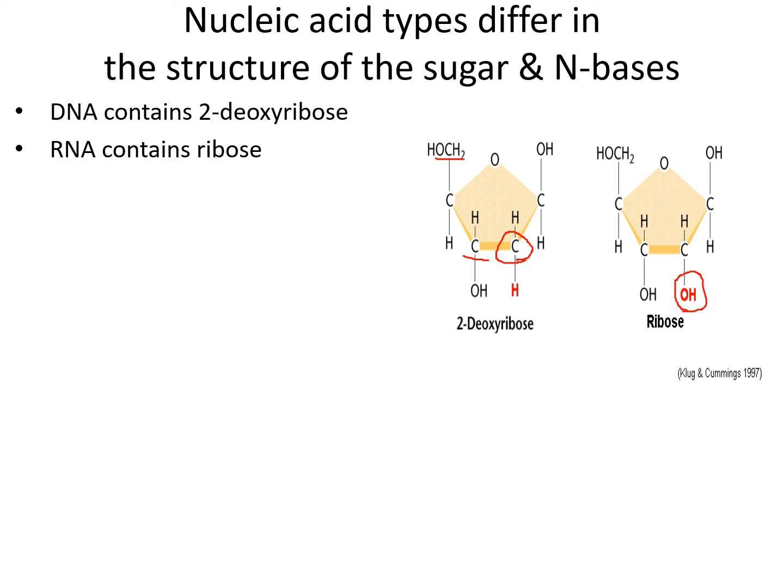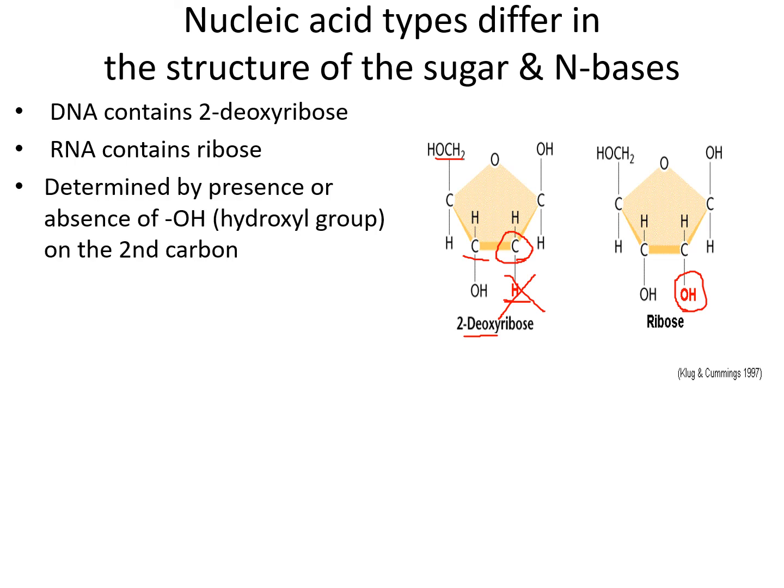So an OH on ribose, but on deoxyribose, this has been deoxygenated, right? So there's no oxygen there, but there is an oxygen on the ribose. And so sometimes, as we've seen before, the hydrogens are just kind of implied in these molecules, so sometimes you won't see anything on this carbon.